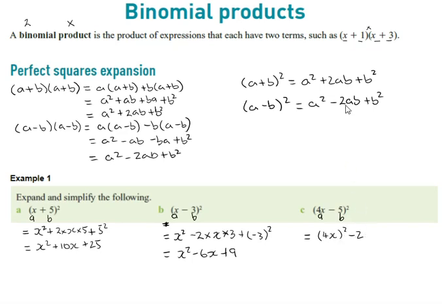Minus 2 times A times B, minus 2 times 4x times 5, and then plus minus 5 squared. Now, simplifying it, 4x times 4x is 16x squared. 2 times 4 times 5: 2 4s are 8, 8 5s are 40, so minus 40x. Minus 5 squared is 25, so plus 25.